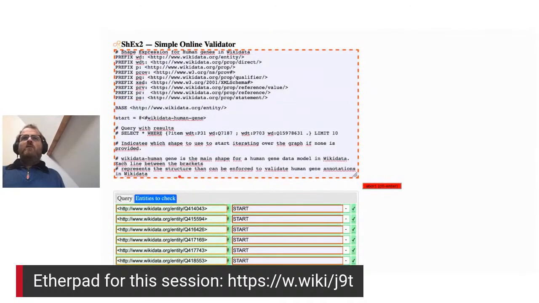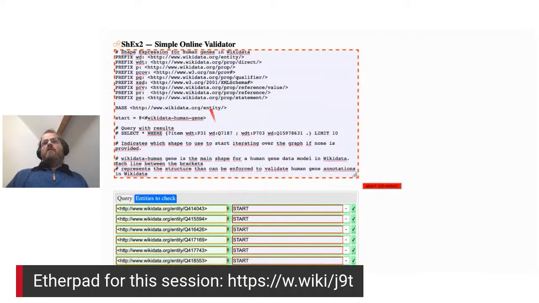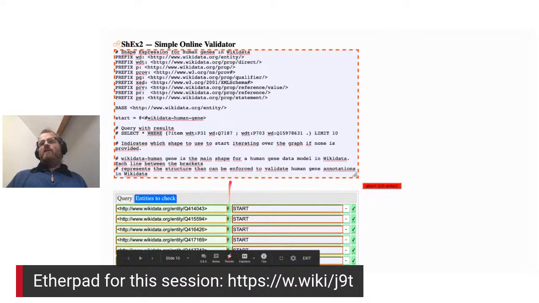Once that is implemented, we can apply these so-called entity schemas, which use a language called ShEx, shape expressions, to validate the information. Once we have agreed on this schema, we can check what is in Wikidata with respect to human genes.